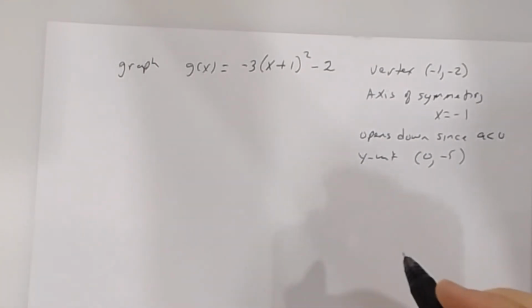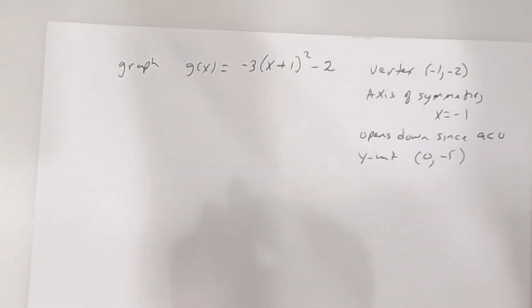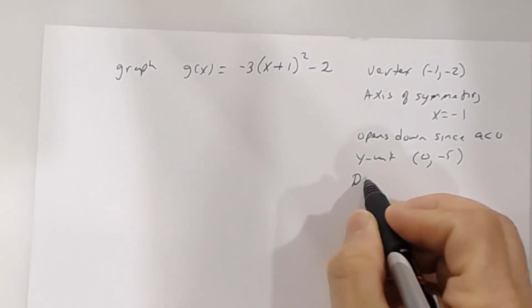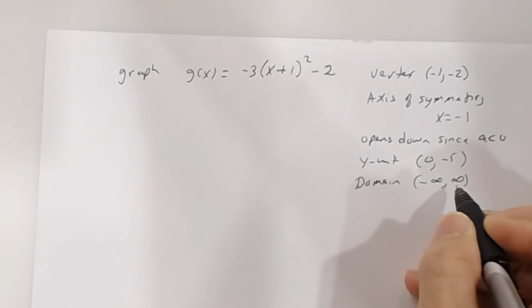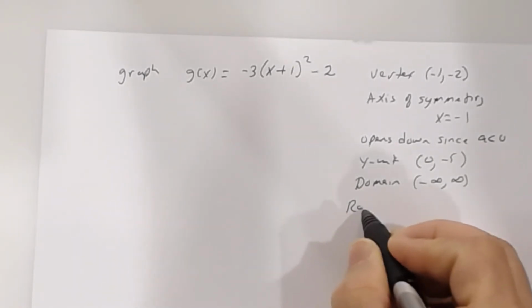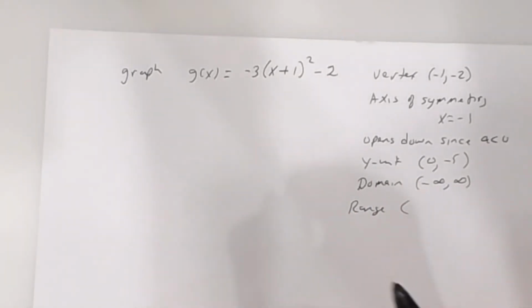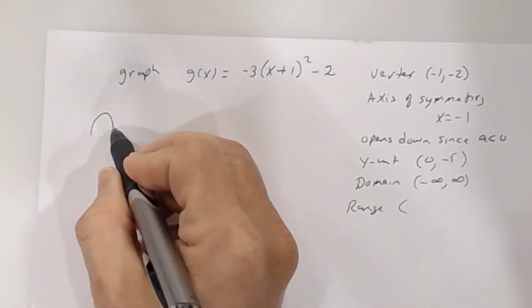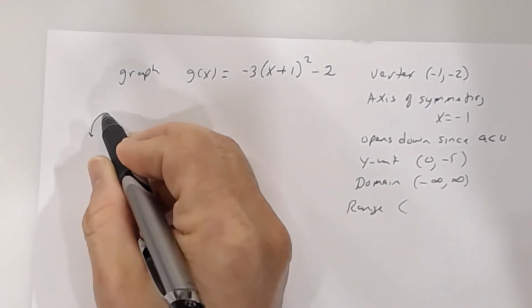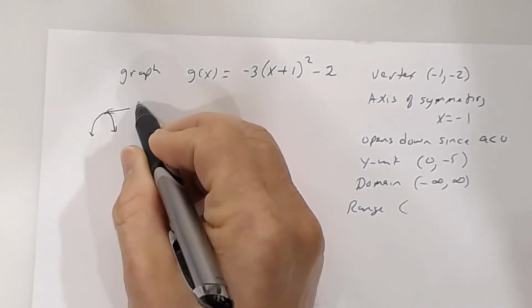Now, before we go on, because I want you to be able to do this without looking at the graph, what's the domain? Okay. What's the range? Negative infinity to -2. Remember, your parabola opens down, and the vertex here is (-1, -2).